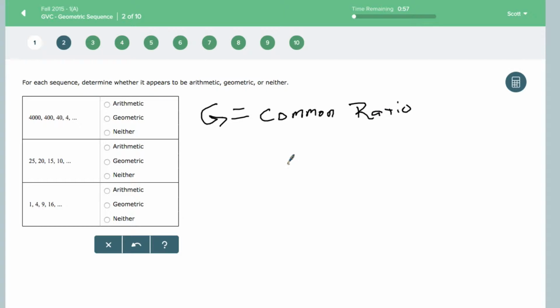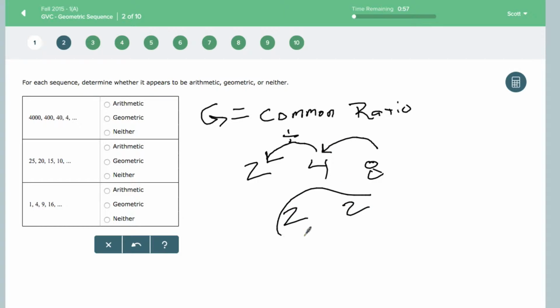That means you take the second number, so if I have 2, 4, 8, and so on, I take the second number divided by the first number, and that gives me, in this case, 2. If I do the same thing, I get 2 again. And right there I can see, hey, there is a common ratio, so this sequence right here would be geometric.